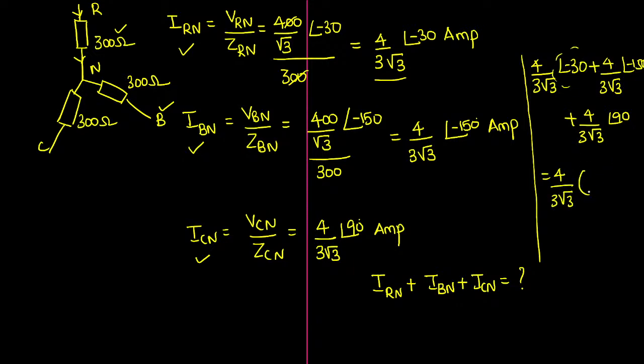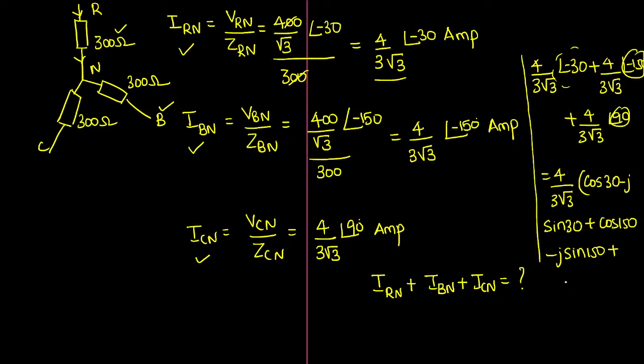First term, this can be written as e power minus j 30, or I am writing it directly, cos 30 minus j sin 30. Yes. Second expression, minus 150 degree. It can be written as cos 150 minus j sin 150. I am converting into rectangular form. Don't confuse. Next, 90 degree.